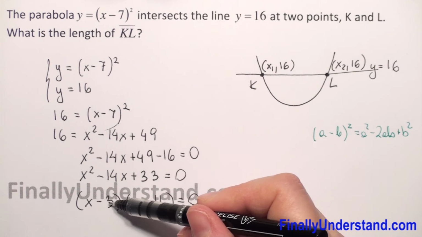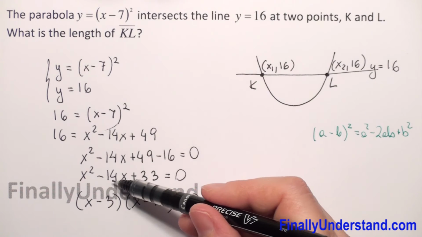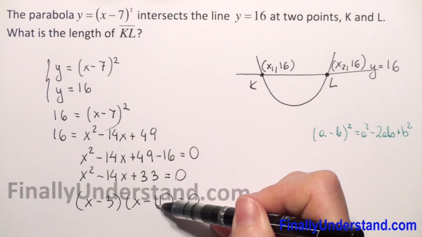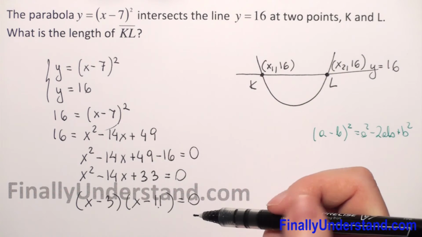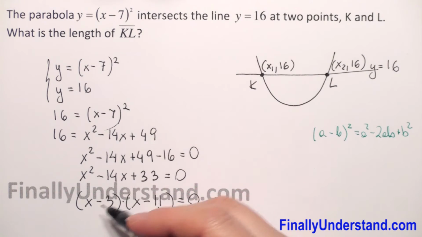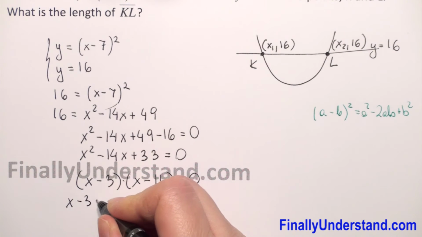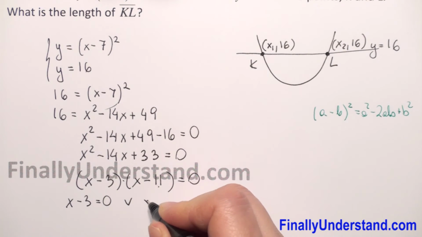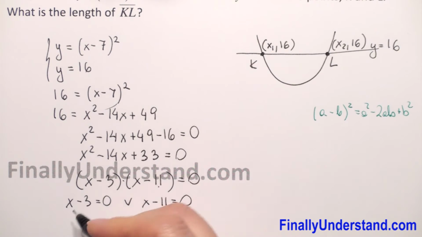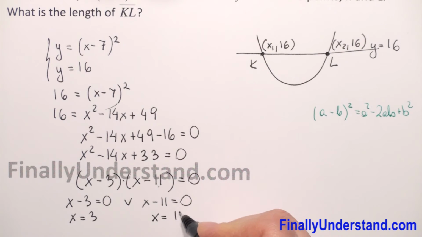Let's check. Negative 3 plus negative 11 is negative 14. Negative 3 times negative 11 is 33. Everything is okay. And now, when will the left side be equal to 0? When x minus 3 is 0, or x minus 11 is 0. So x is equal to 3, or x is equal to 11. We got 2 solutions.